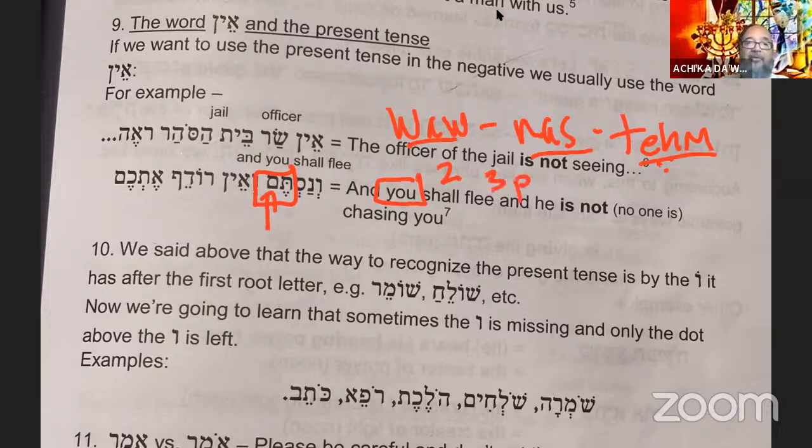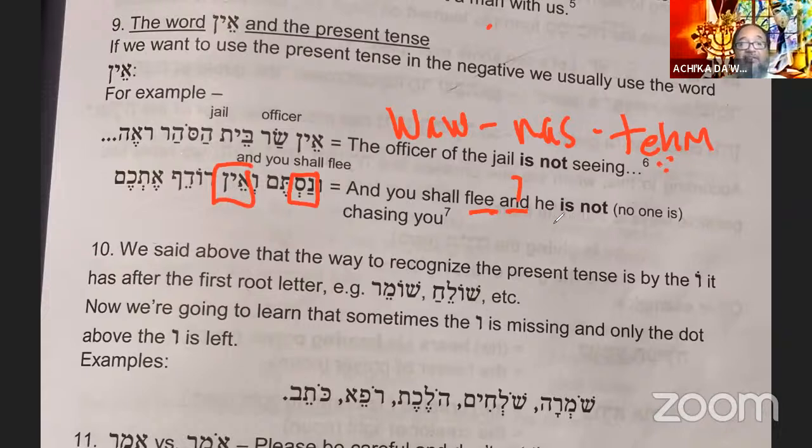How would I know that? Because this yod on the end is third person, this is the plurality. I know that tim could be a you on the front or the back, depending on what it is. So if you know your endings, where's the nas? The nas is to flee, and wa is "and." And ayin is "there is not." So it says, "and he is not." Well, where'd you get the he?